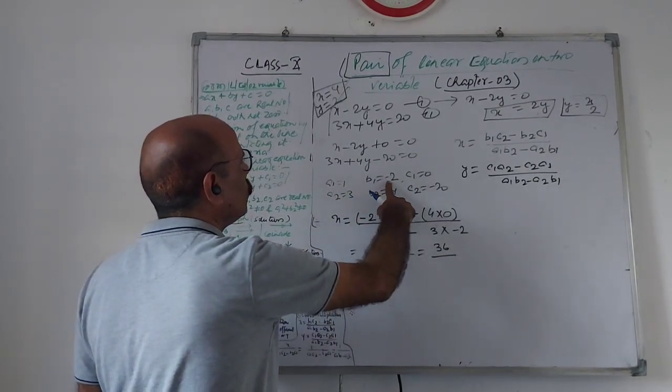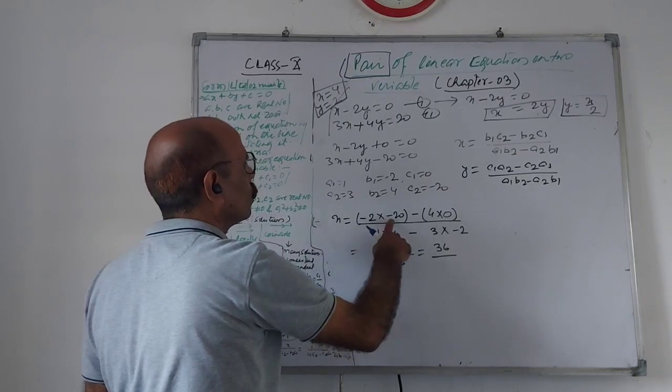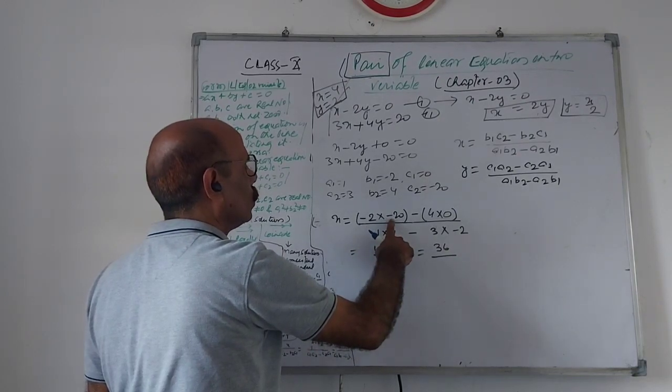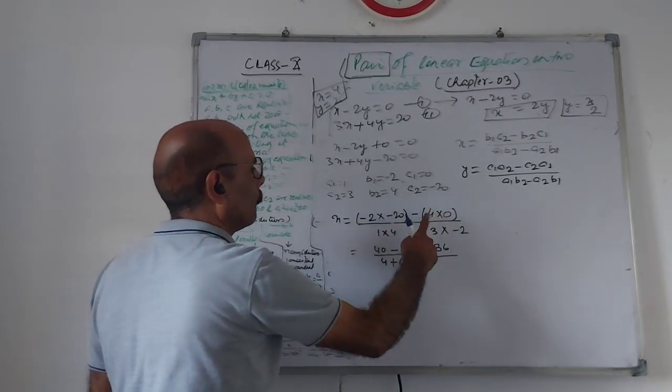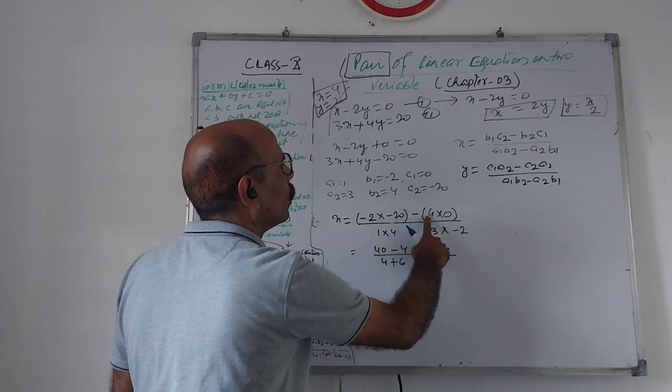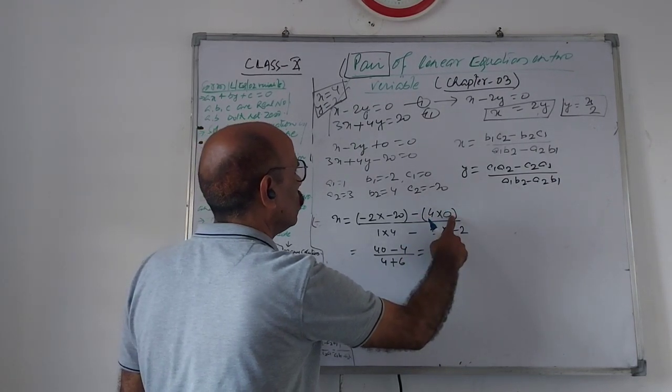So this is b1 minus 2, c2 minus 20, so plus 40. Okay, minus b2 4 into c1 0.